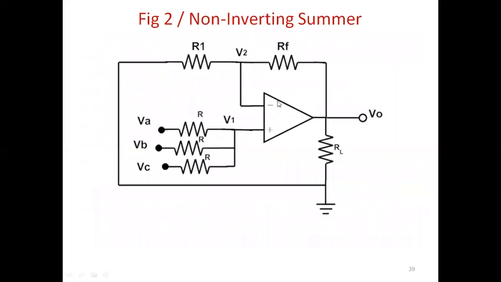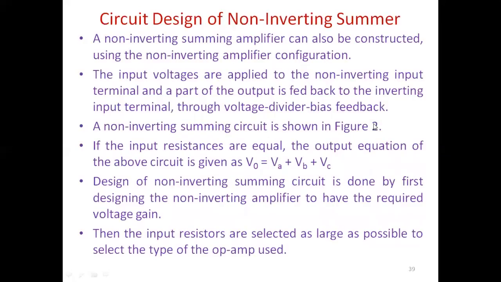Positive terminal, negative terminal. At the negative terminal, you can see R1 and RF are available, the input resistor and the feedback resistor. This voltage and this voltage are both the same. So VA, VB and VC are the input voltages given through R1, R2 and R3. RL is the load resistor, V0 is the output voltage.